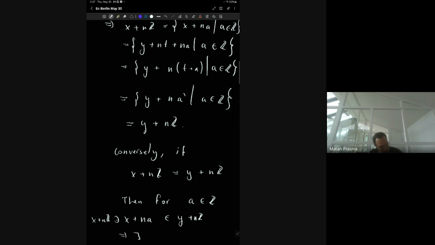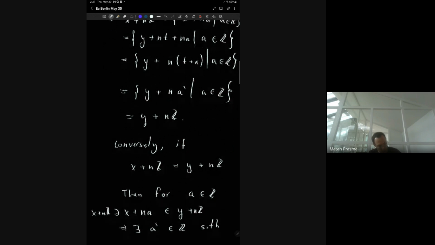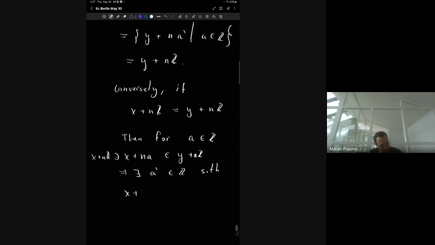So there exists an element a prime in Z such that x plus na is equal to y plus na prime. But this means that x minus y is equal to n(a prime minus a), which is the same as saying that x minus y is equal to 0 modulo n.